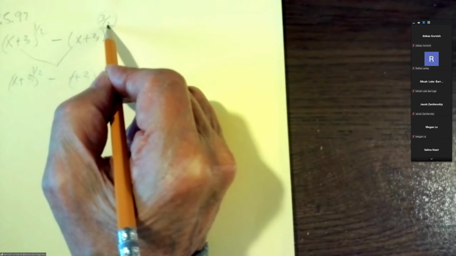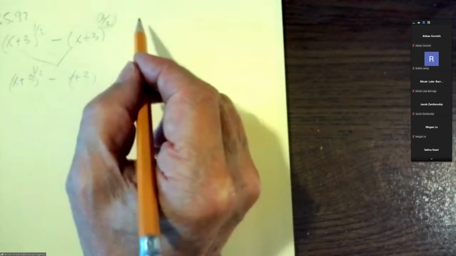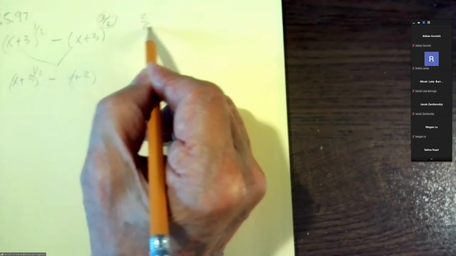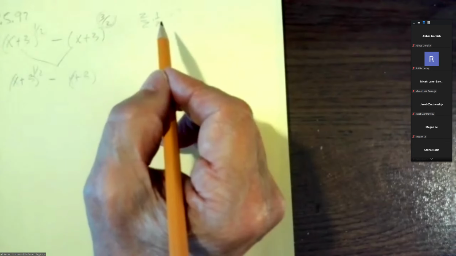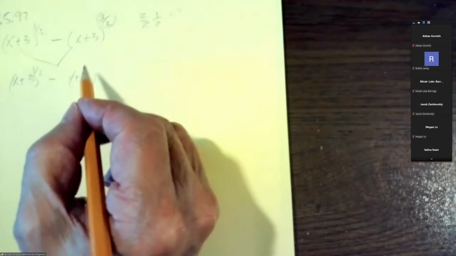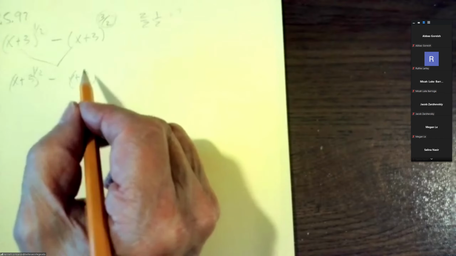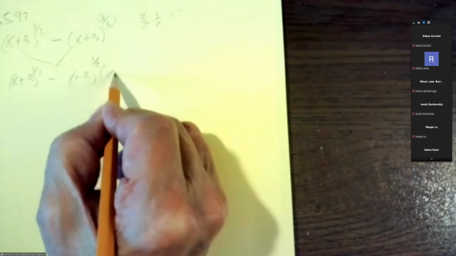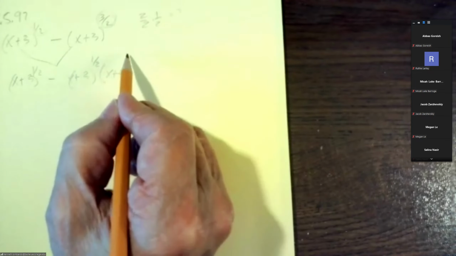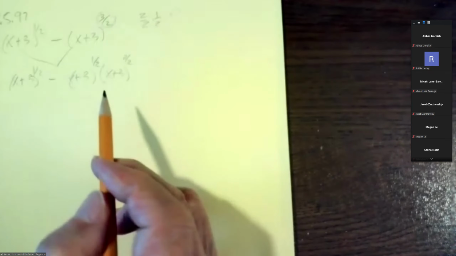We could rewrite 3/2 as 2/2 and 1/2. If we multiplied those together, we'd get 3/2, wouldn't we? So we could say that's x plus 3 to the 1/2 and x plus 3 to the 2/2. Would you agree with that?